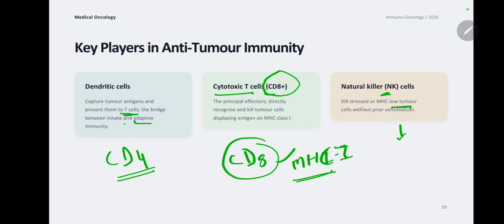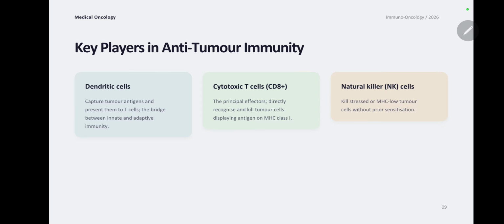It kills stressed cells. The tumor cell has a very low O2 level due to very fast growth, so that is a stressed cell and that is killed by this NK cell. There are 3 types of cells which are used in measuring anti-tumor immunity.